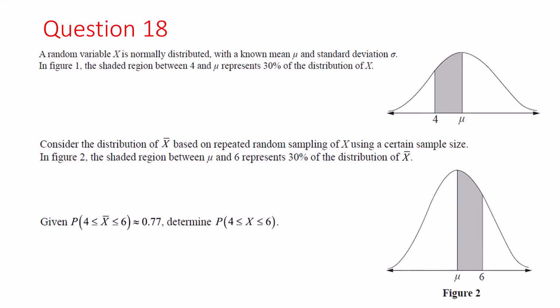Multiply that by 2 to get an area of 0.94. And then what we can do is we can equate (4 - mu) on sigma on root n to equal the inverse normal of 0.03, which as a decimal is negative 0.18807.